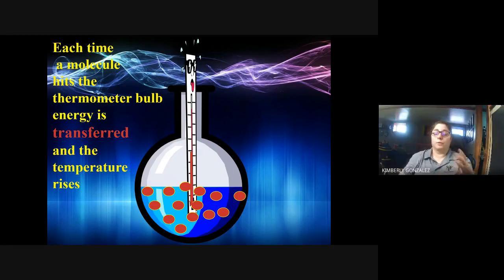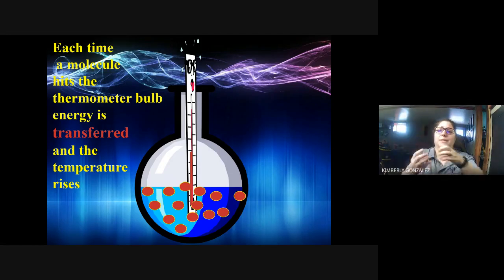So the molecules are transferring energy to the thermometer? Yes. So what's happening is if I heat up the round bottom flask and I am adding energy, the molecules move faster and are going to hit into that thermometer. Every time they bump into that thermometer, they transfer that extra energy to the alcohol in the thermometer, making it rise up.